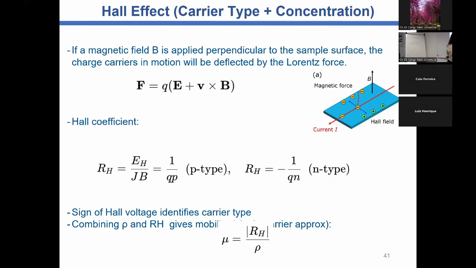Here I drew one example: the current goes in this way, and we apply the magnetic field in a direction that comes out of the plane of your material.